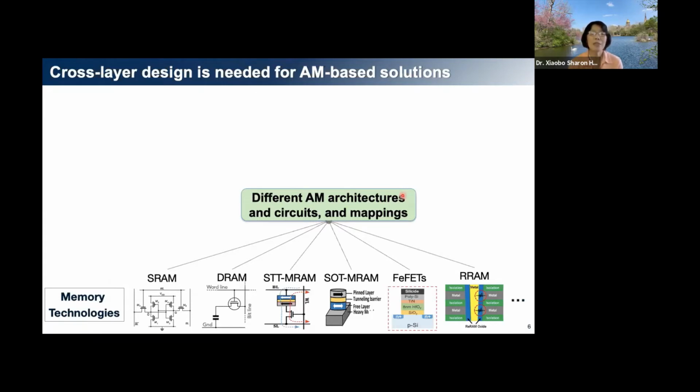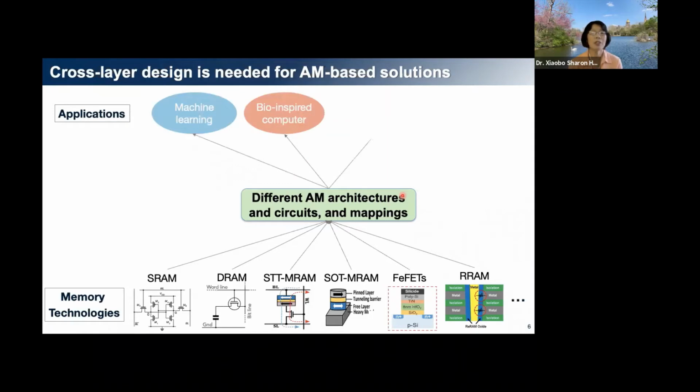At the same time, there are lots of growing data-intensive applications, as I think we're all aware of. Associative memory can be very beneficial to many of these applications I'm showing here: machine learning, neuro-inspired computers, bioinformatics and so forth.